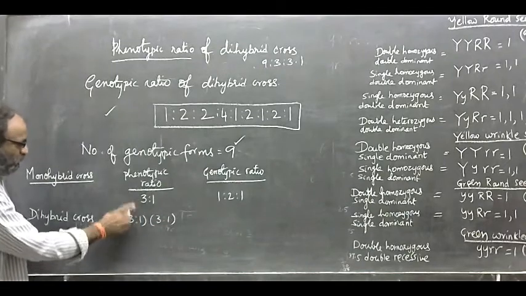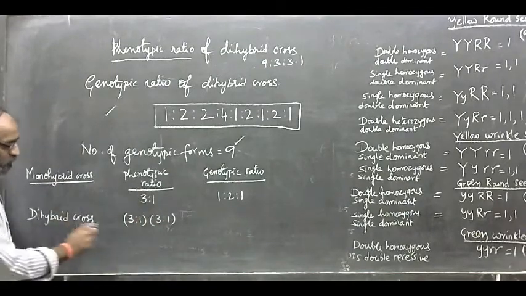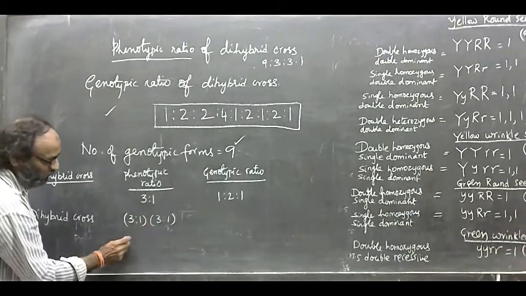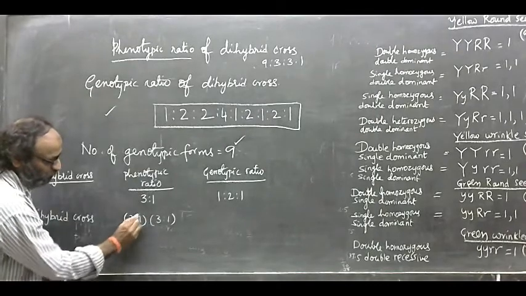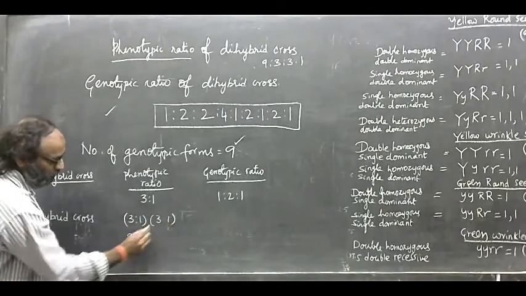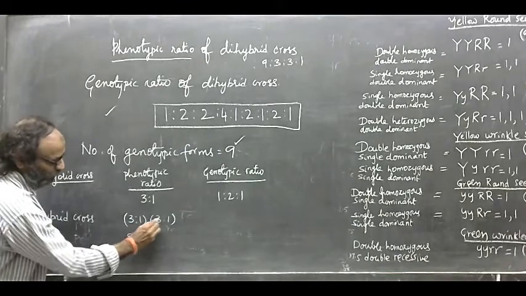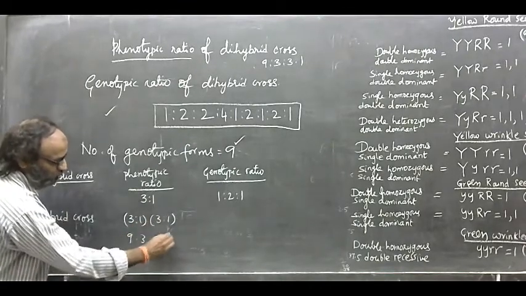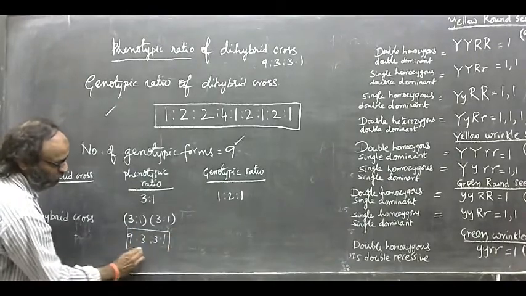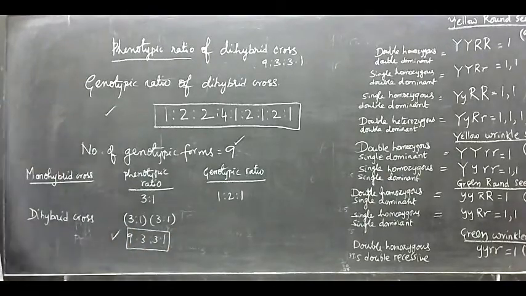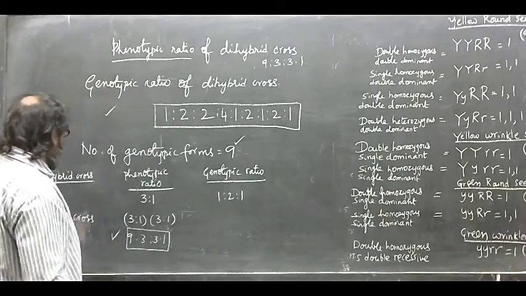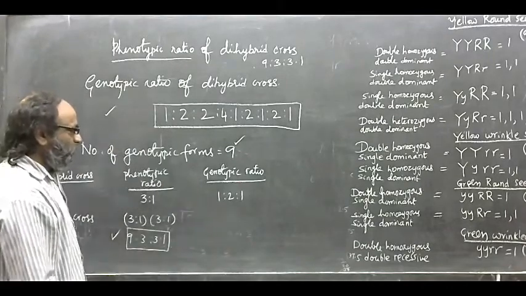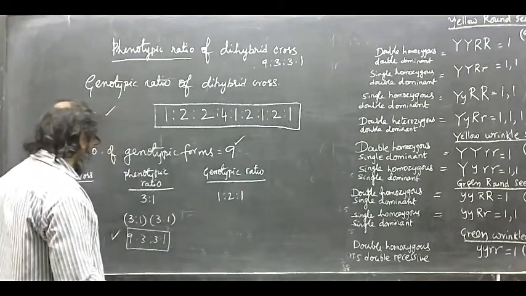Two monohybrid cross ratios make a dihybrid cross ratio. What is 3 times 3? 3 times 3 is 9. 3 times 1 is 3. 1 times 3 is 3. 1 times 1 is also 1. Therefore, it is 9:3:3:1.